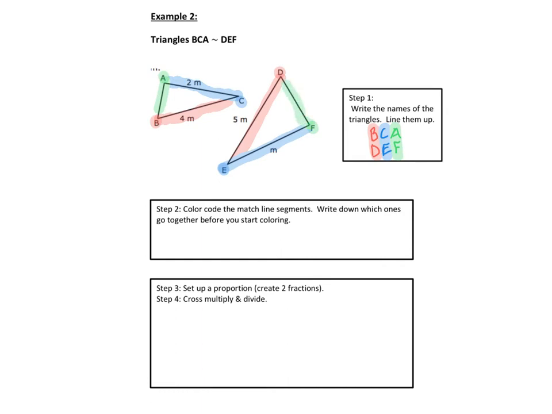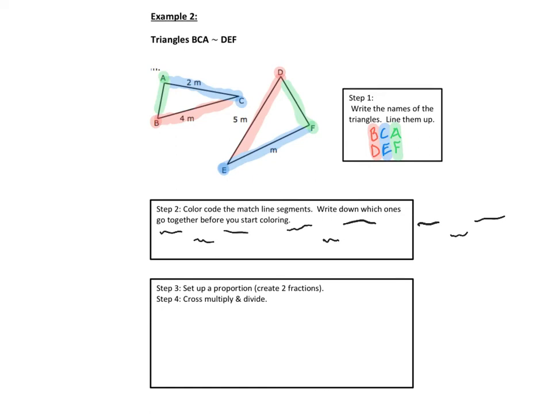So now we're going to match up the different line segments. So we have line segment is similar to another line segment. That's our first one. Then we have another line segment similar to another line segment. And our third one, line segment, similar to another line segment. Now let's fill in.